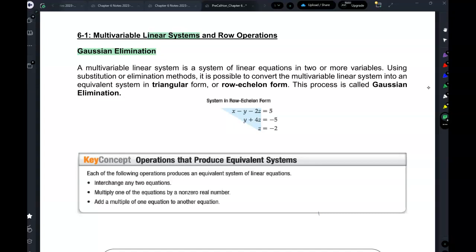In addition to that, the coefficients of the leading variables all have to be 1. Okay? You see that? So that's Gaussian elimination. So what happens with Gaussian elimination is you transform your equation into triangular form, or, new word, row echelon form. This is row echelon form.